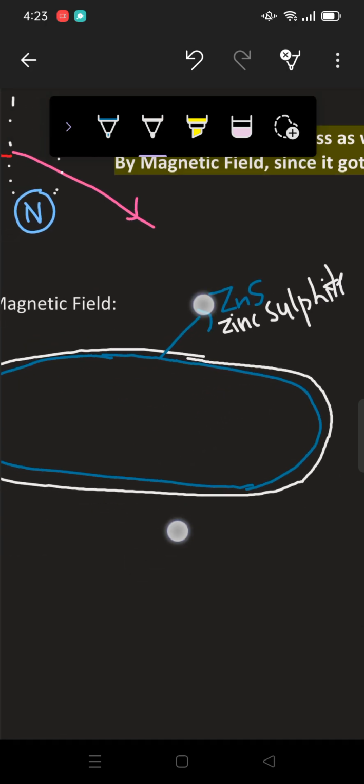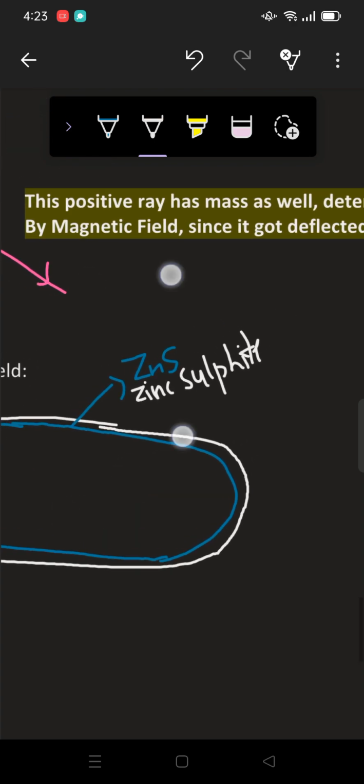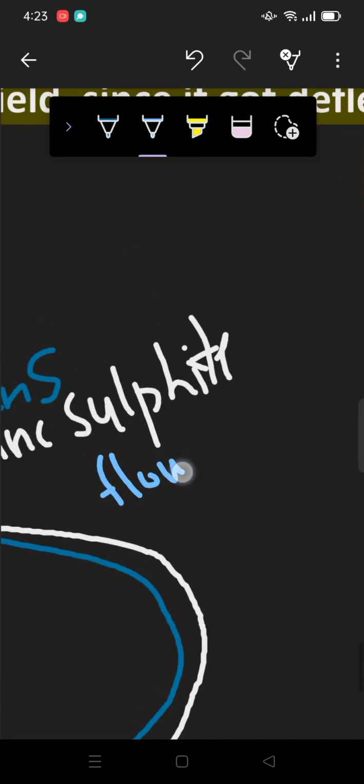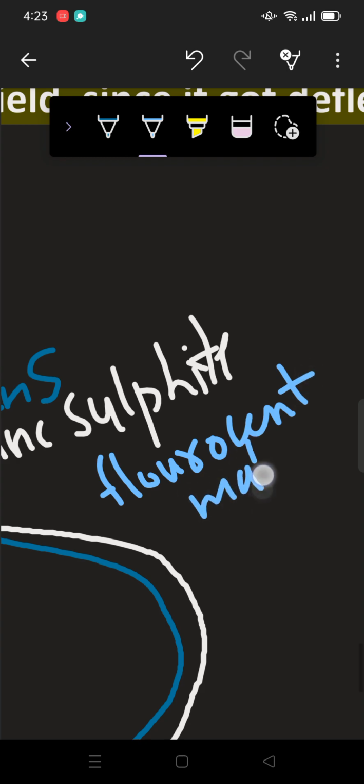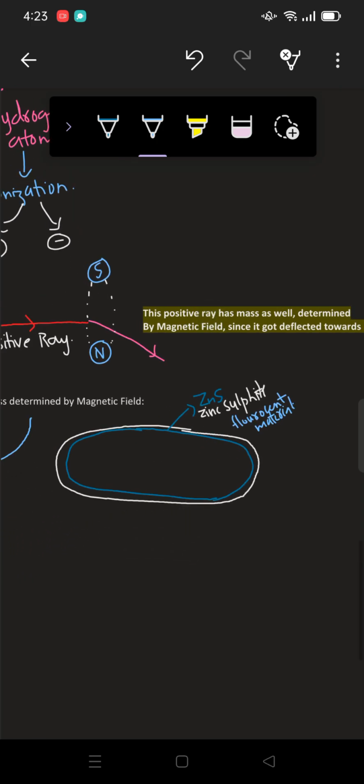So this whole discharge tube is coated with zinc sulfide, a fluorescent material which will glow when any particle strikes its wall.